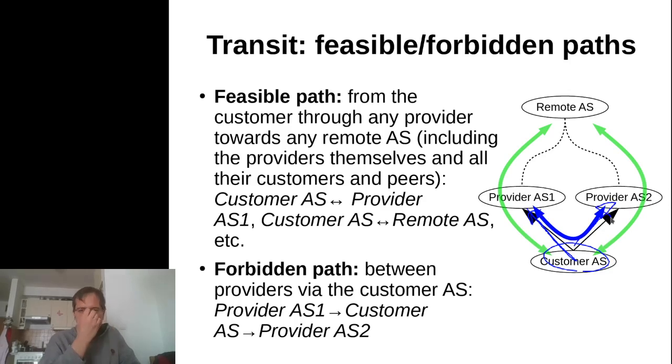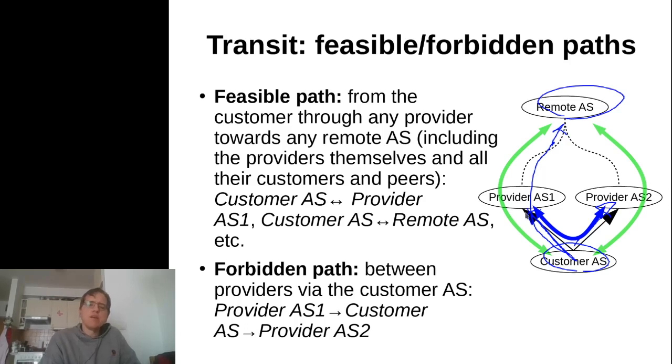Recall that this setup is called multi-homing, and suppose that there is a remote AS somewhere in the internet, and we are asking which are the types of paths that may arise in this simple setup. In order to decide, for instance, whether this particular path is a feasible path or a forbidden path, we need to just understand the business interests of each of the ASes along this path and ask whether the business interests of the ASes will align with forwarding traffic along that path.